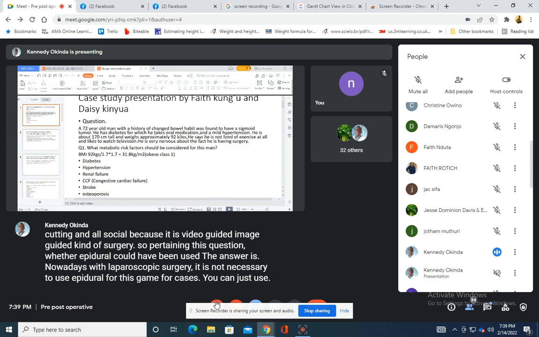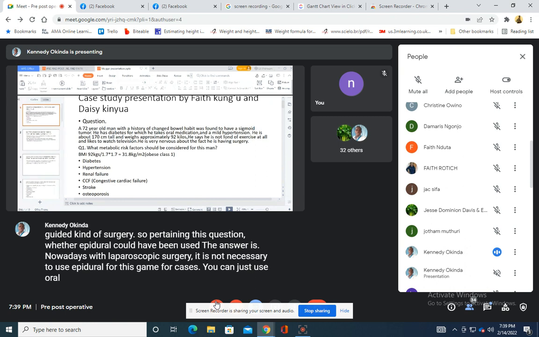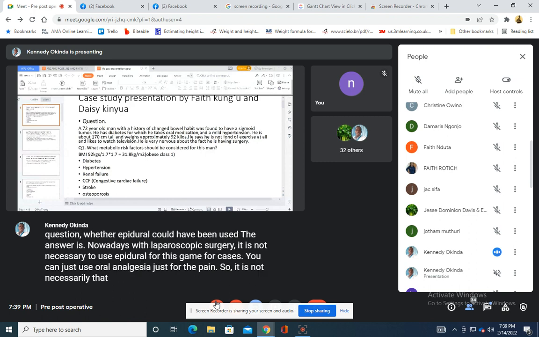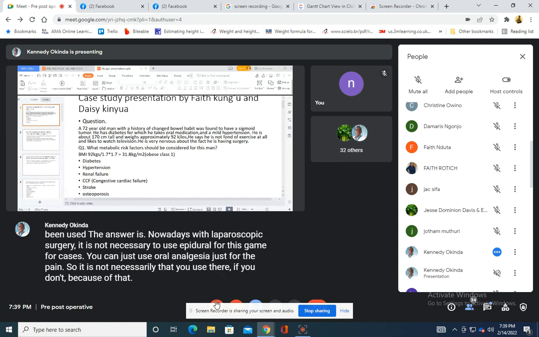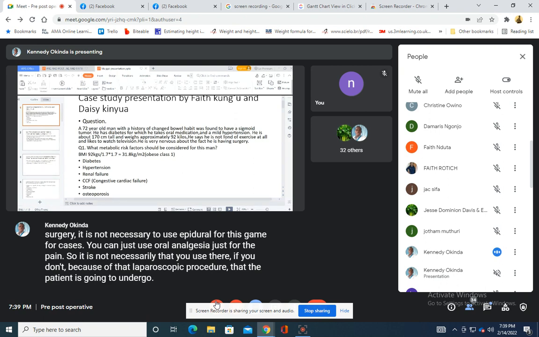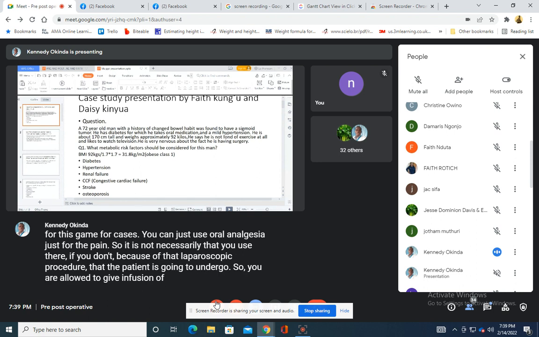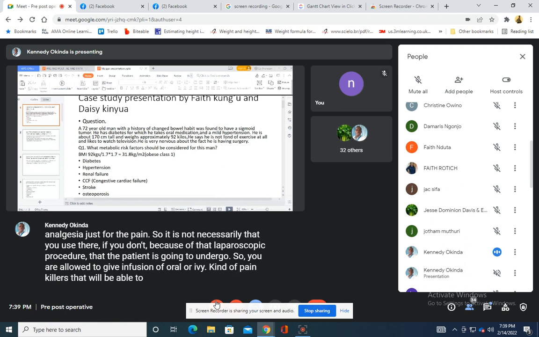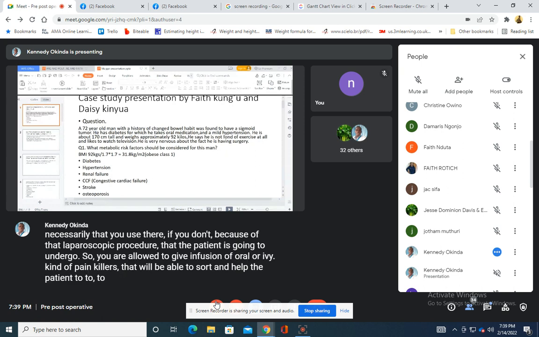You can just use oral analgesia for the pain. So it is not necessarily that you use the epidural because of the laparoscopic procedure that the patient is going to undergo. You are allowed to give infusion of oral or IV painkillers that will help the patient cope through the surgery.